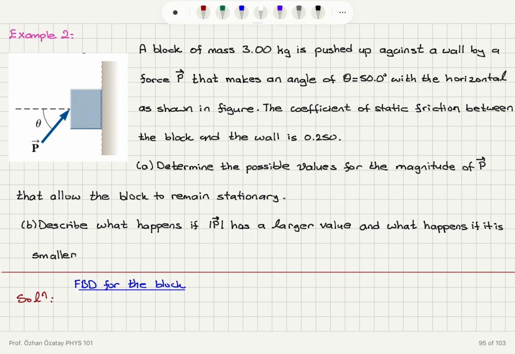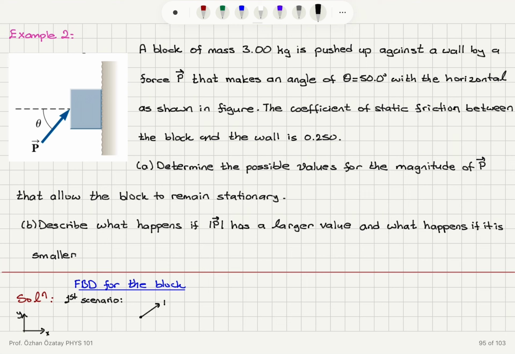Here is our block modeled as a point particle. There is the force P acting on it, which is making an angle theta with the horizontal. There is the weight of the block, which is mg. There is the normal force because it's in contact with the wall.